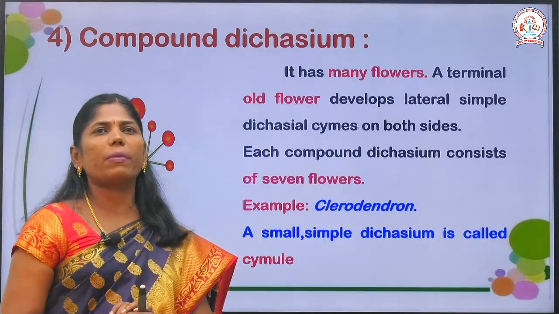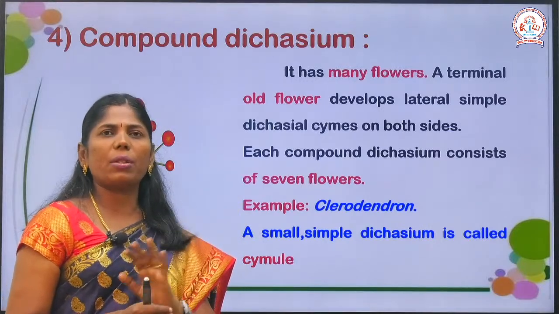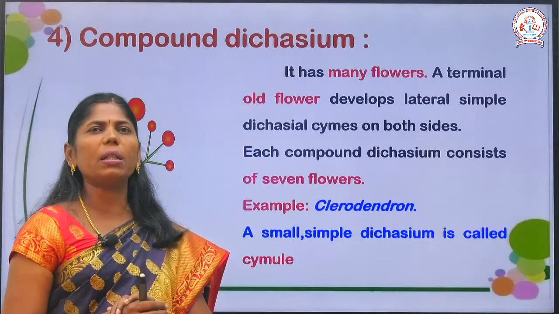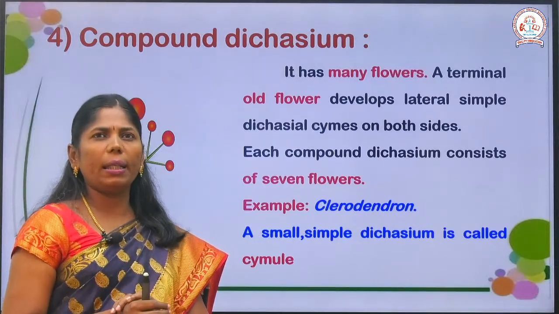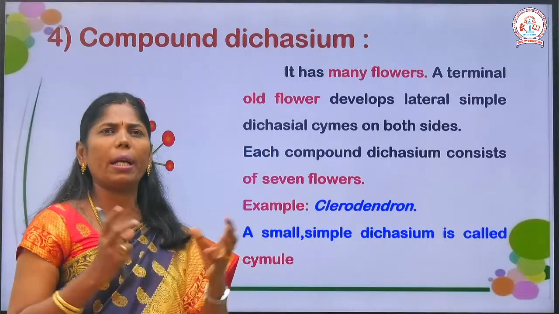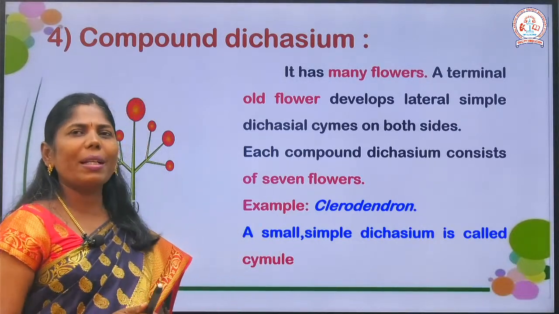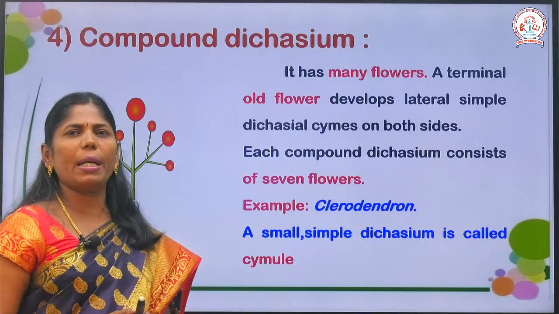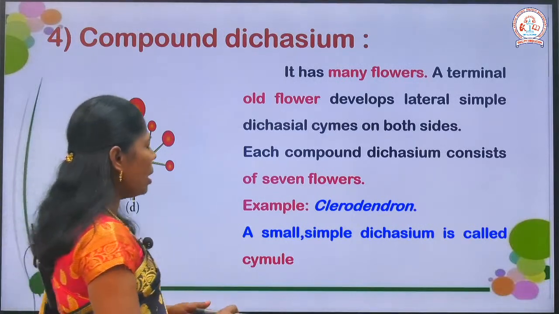So 7 flowers we can see. But in the simple dichasium, simple jasmine, there are only 3 flowers. So the one in the center is older, and either side are younger flowers. An example is clerodendron. A small simple dichasium is called a cymule.